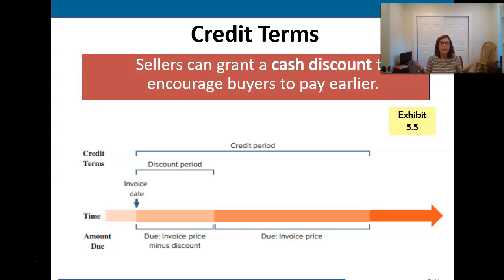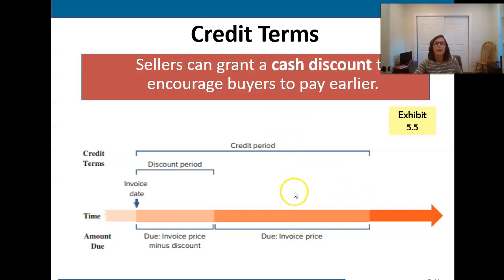Quite often sellers will give you maybe a 30-day payment term, but they'd really like your money sooner. So if they can get your money sooner, maybe it's worth it to give you a little bit of a discount to do that. So often what a seller will do is say, okay, you can have 30 days to pay, but if you pay early, I'm going to give you a little bit of a discount.